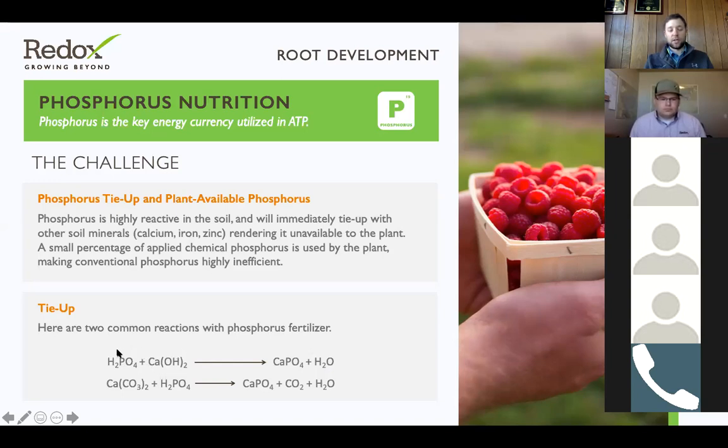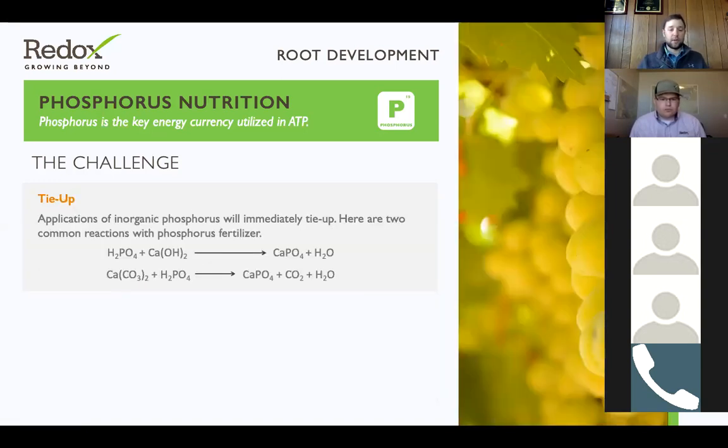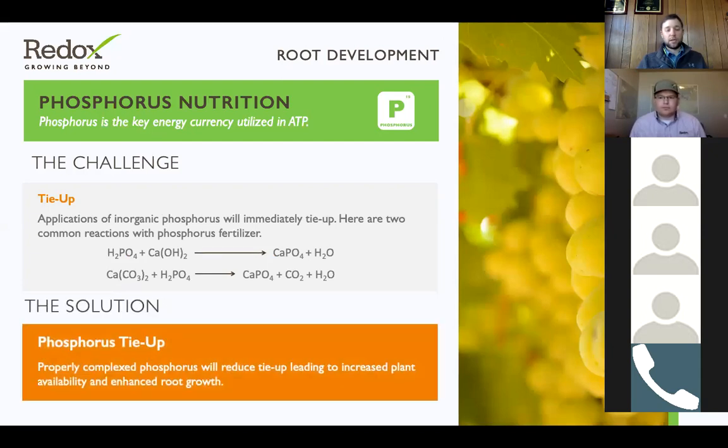So you can form these very strong phosphate bonds that can be challenging for the plant to access the phosphorus part and the cation that's associated with it. And we'll talk about that a little bit more. It can have some ramifications, not just for phosphorus nutrition, but other nutritional inputs. So the key there is preventing that phosphorus tie-up through properly complexing that phosphorus, satisfying the charge on it so that we limit the tie-up in the soil and increase the plant availability and the ability for the root to pick it up and use it.